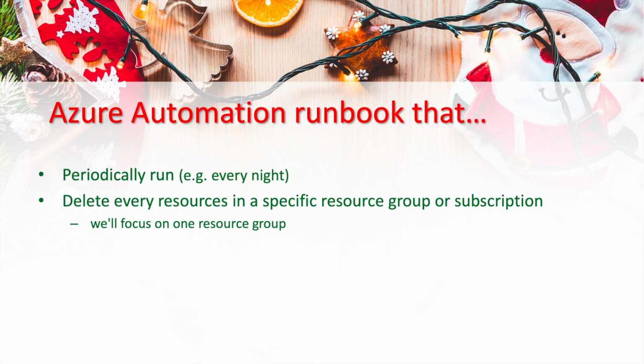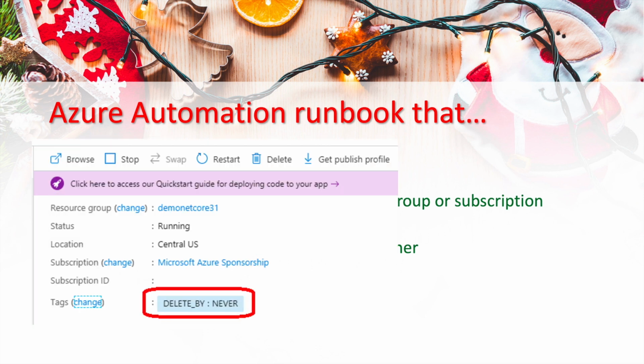You may easily guess that deleting every resource in a subscription might be achieved by listing all the resource groups in the subscription and then by applying the runbook we'll be creating together. If you wish, you can push the concept of this runbook further. For example, you can modify it so it takes into account some specific tags on resources.